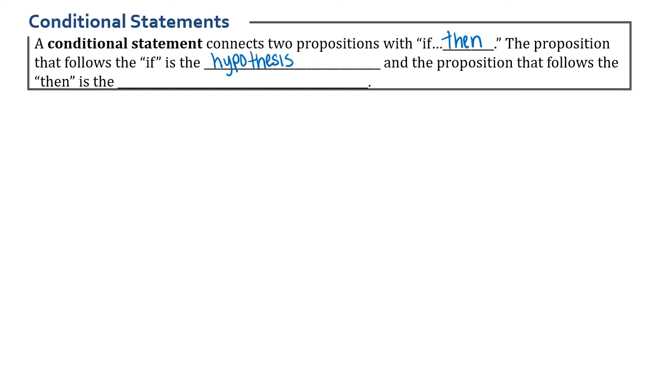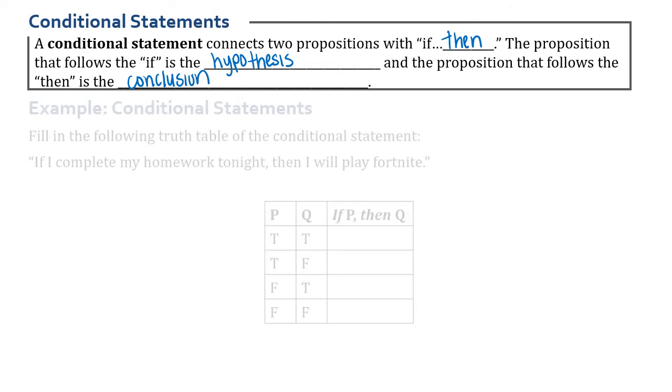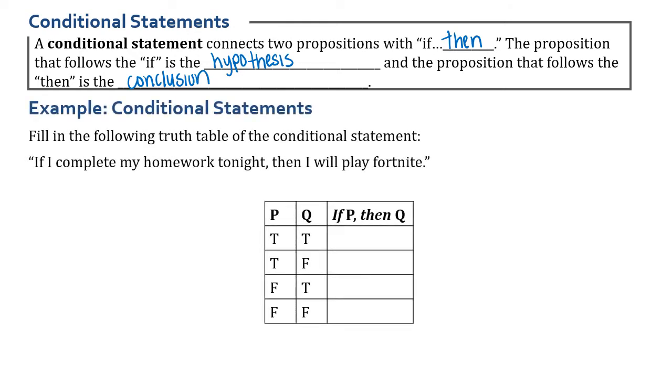And the proposition that follows the then is called the conclusion. So let's look at some examples of this. Fill in the following truth table of the conditional statement: if I complete my homework tonight, then I will play Fortnite. So if I complete my homework, then I get to play Fortnite.